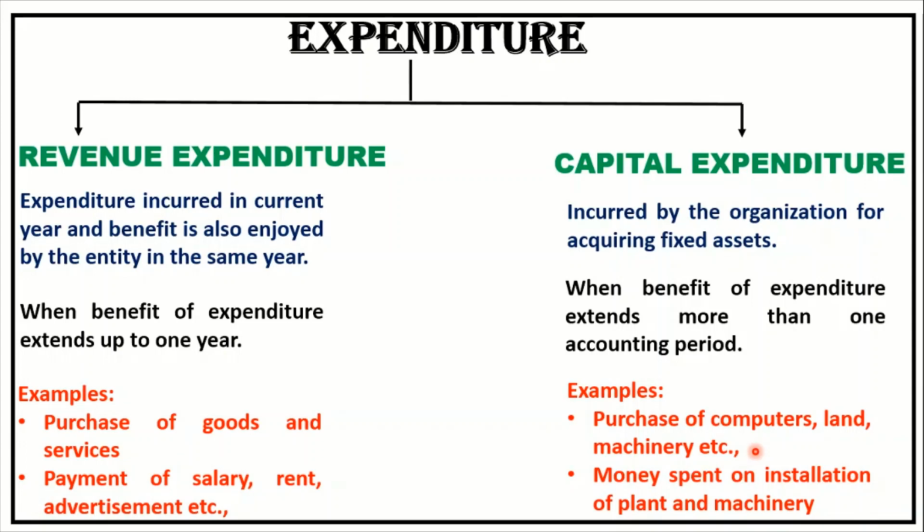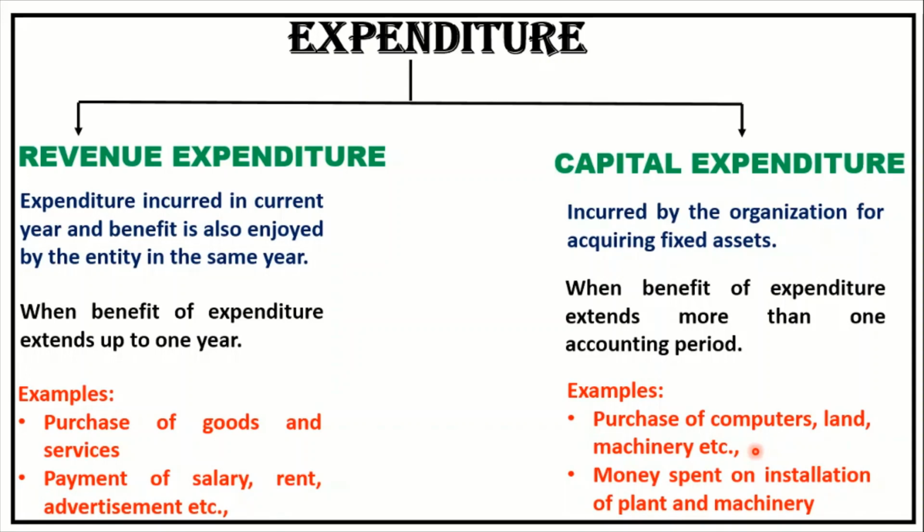So even the money which is spent on the installation of plant and machinery is capital expenditure. I'll give you an example for this. Like the wages paid to the laborers who have brought this machinery to the business firm, and the transportation charges paid for bringing the machinery from the factory to the business firm. That wages paid, that labor amount paid, will all be added to the machinery purchase.